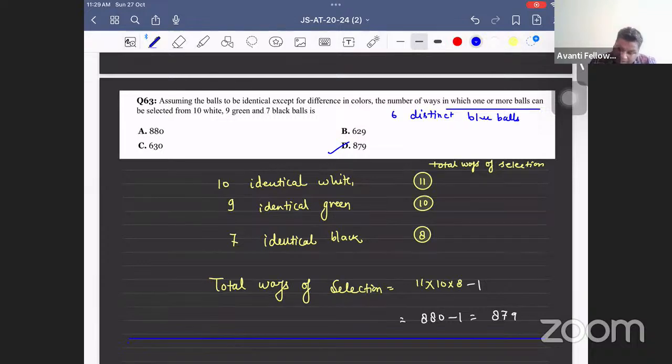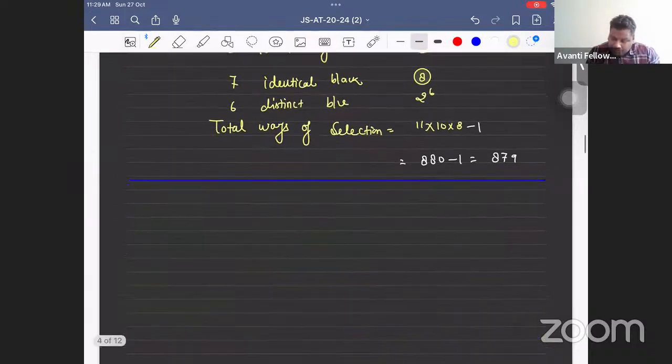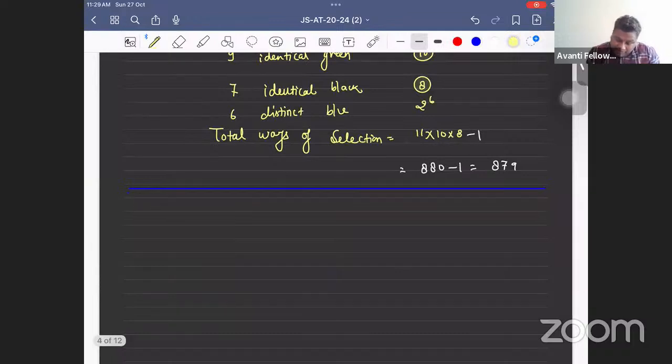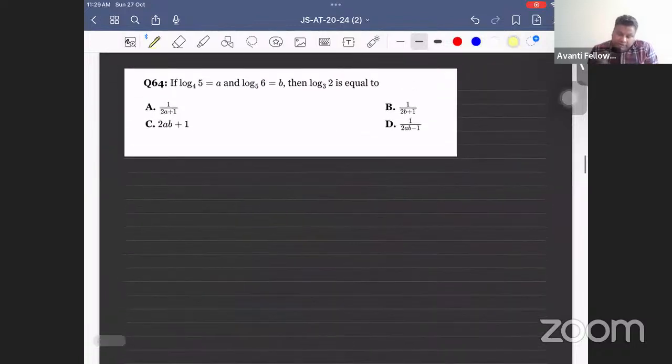So if I include those 6 distinct blue balls, in that case, ways of selection goes 2 to the power 6. Means for n distinct objects, the total ways of selection will be 2 raised to the power n. Got it? So in that case, your answer will be 11 into 10 into 8 into 2 raised to the power 6 minus 1. Got it?